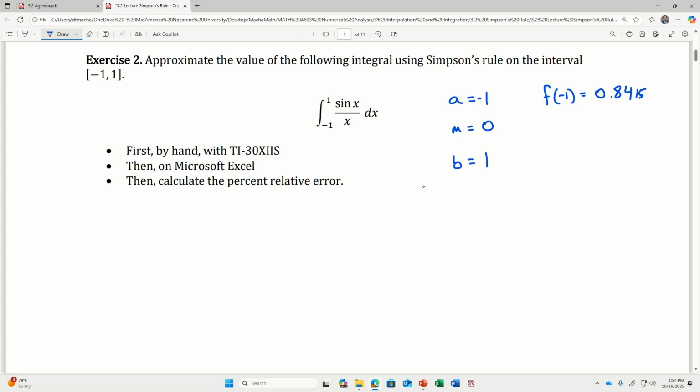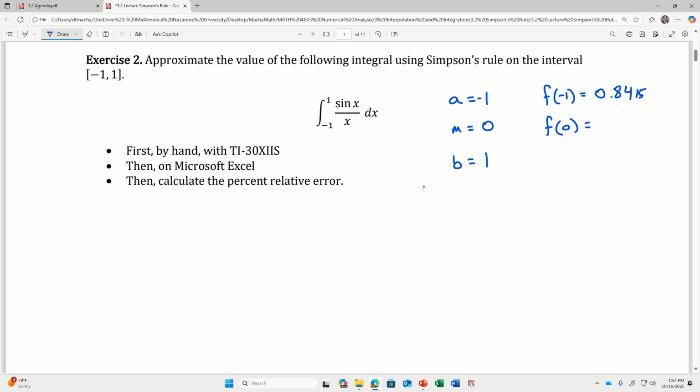Then, of course, I'm dividing by -1. So should f of -1 be negative, since you're dividing by -1? Maybe I misspoke. Sine of -1 is -0.8415. So negative divided by negative is positive.